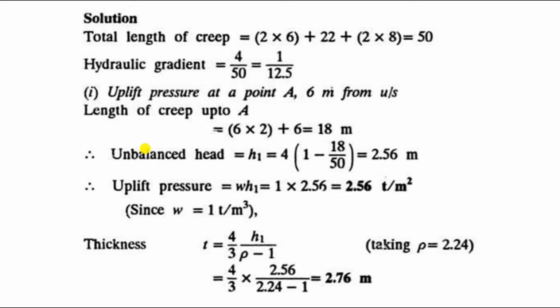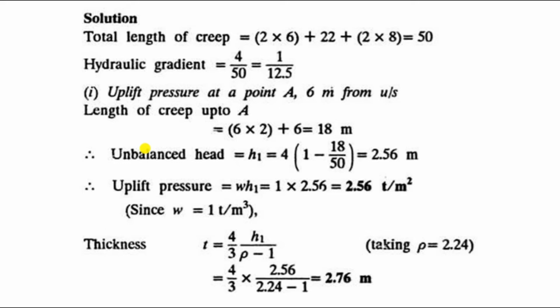For the unbalanced head, H1 is equal to 4 into 1 minus 18 by 50, because 50 is the total creep length, and we have to multiply with that. We take the head loss per meter and multiply with the total length. So we get the unbalanced head of 2.56 meter. The head at that point is 2.56 meter.